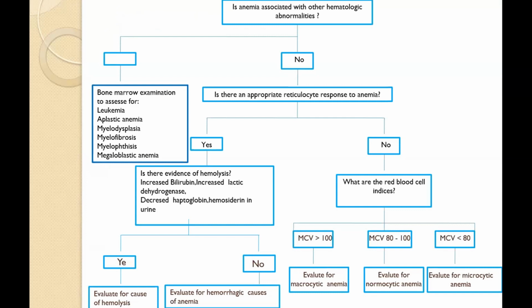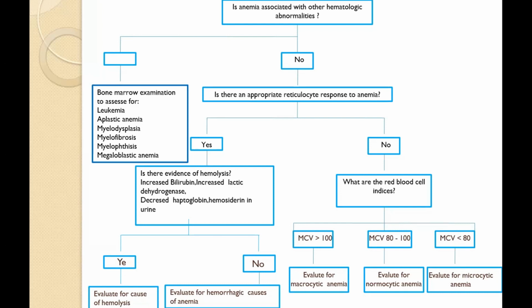If some other abnormalities are present, it may be leukemia, aplastic anemia, myelodysplasia, myelofibrosis, leukoerythroblastic picture, or megaloblastic anemia. We will discuss these. And if there is no associated abnormality, what is the status of the reticulocyte count?